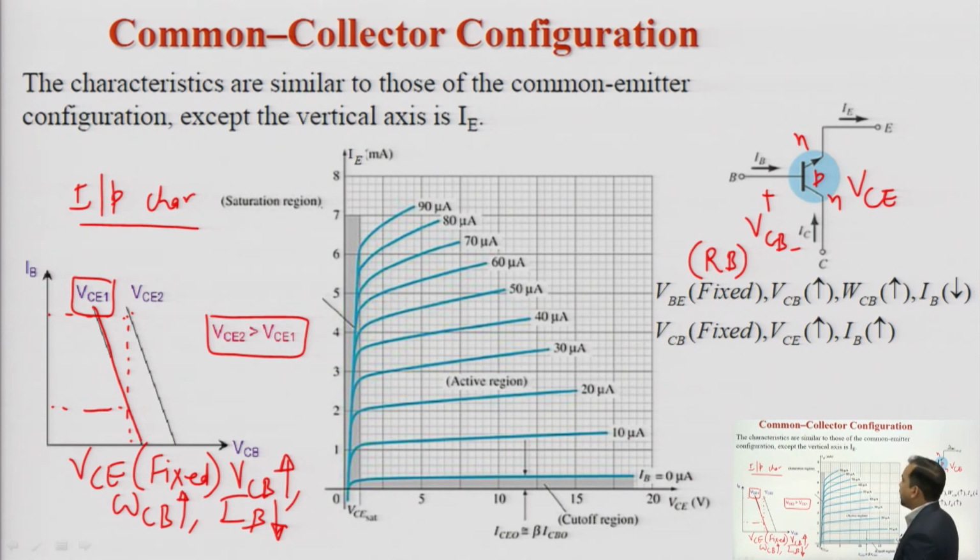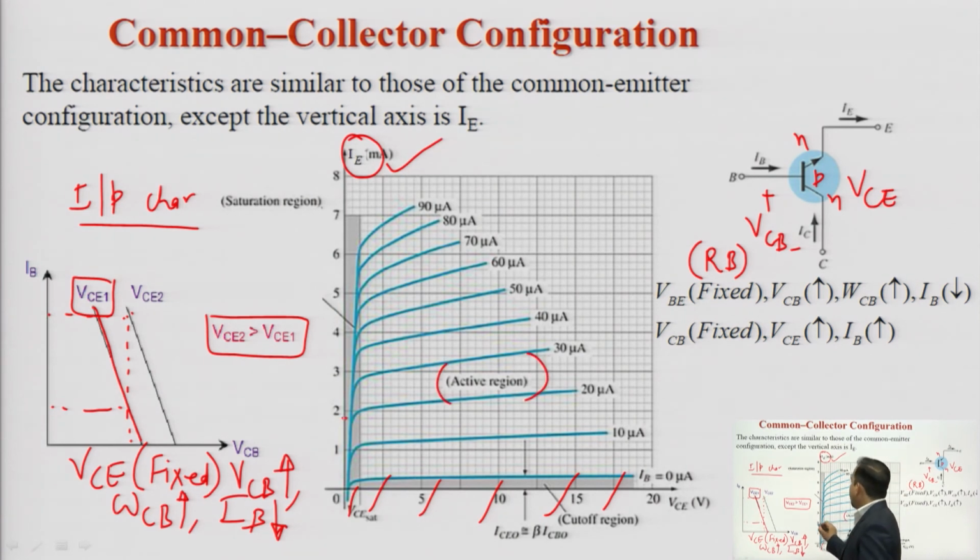Now, we have the output characteristics. These characteristics are similar to those of the common emitter configuration. The only difference is that instead of IC, we have IE here, and we have the same cutoff region, the active region, and the saturation region.